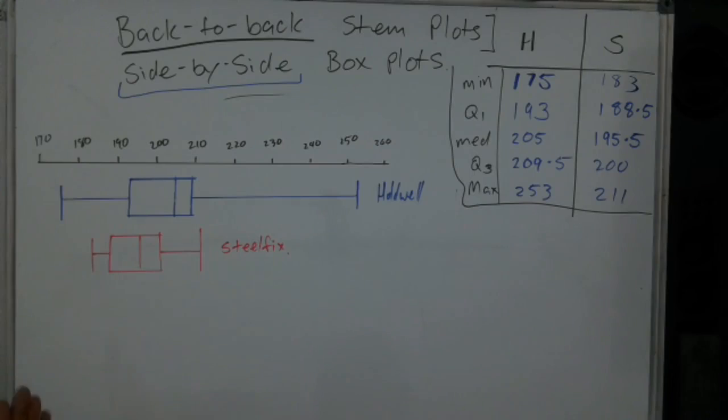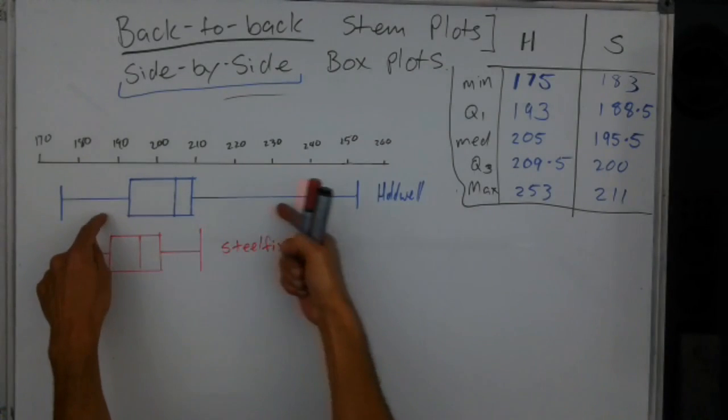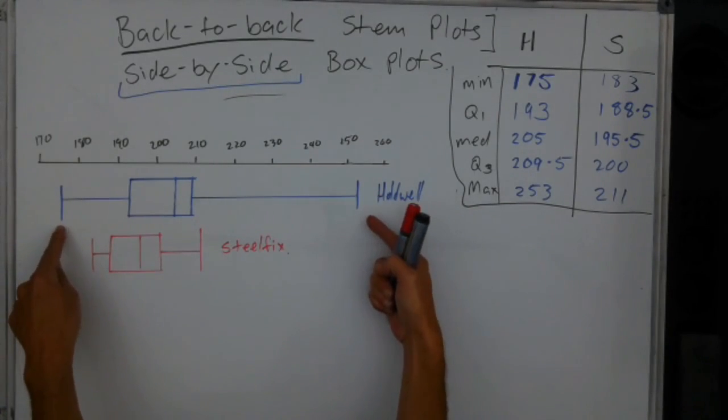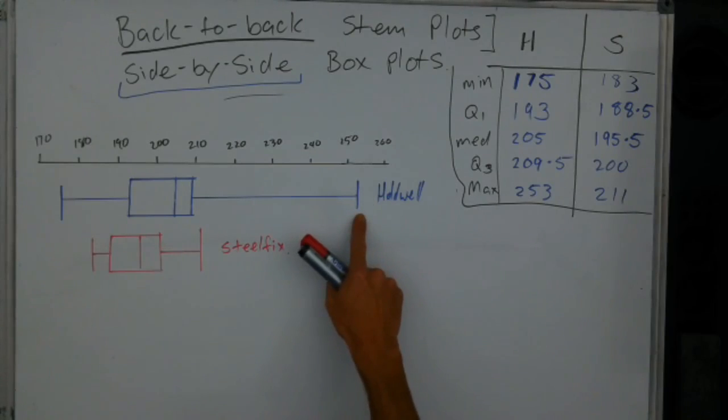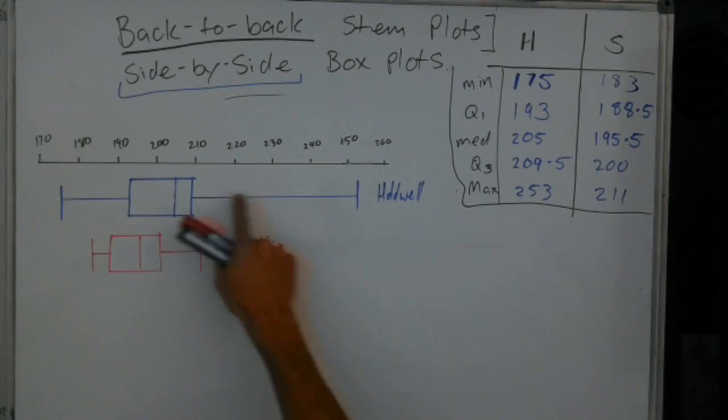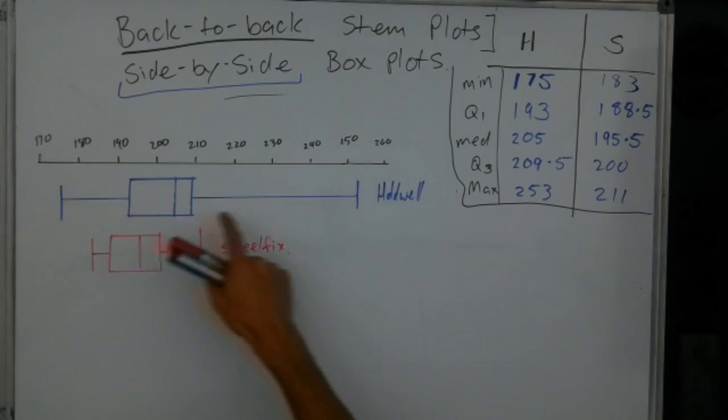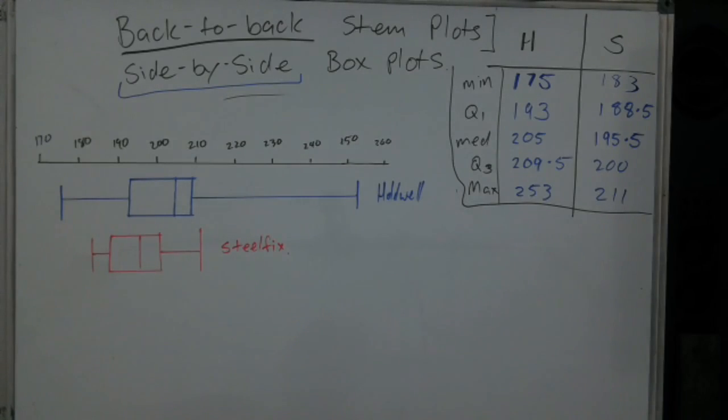Now, because that's so spread out, we have a lot of variability between the strength of any random nail that you pick out of a box of Holdwell nails.